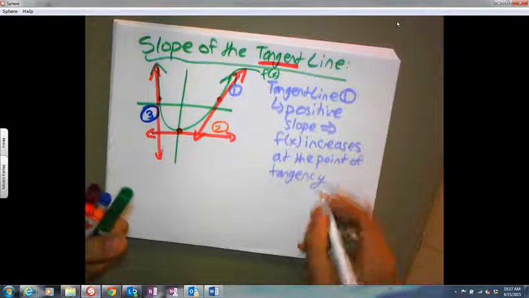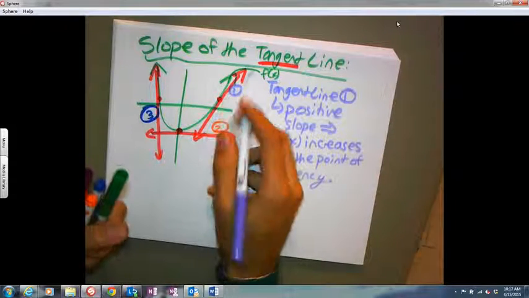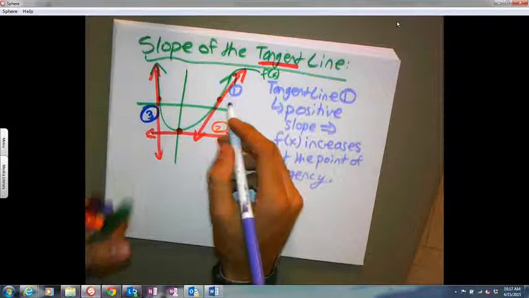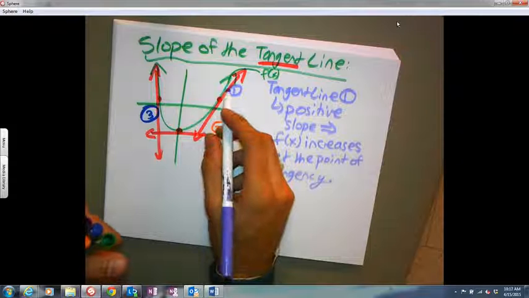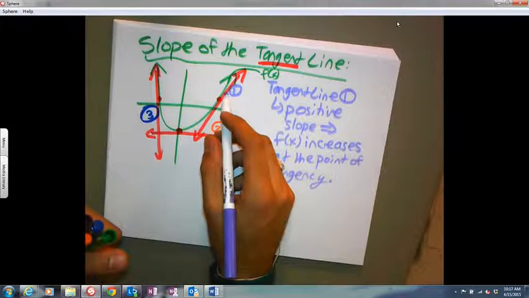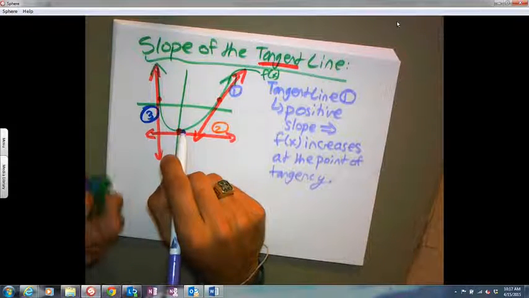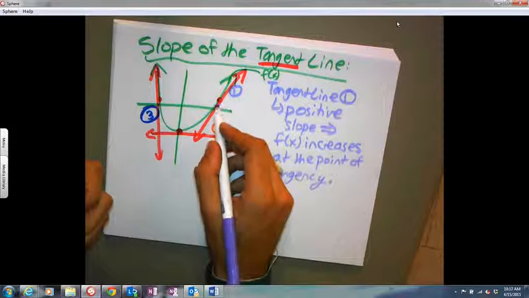Right, so if you look at tangent line 1 here, we see that tangent line 1 has a positive slope, and therefore the function increases at that point.